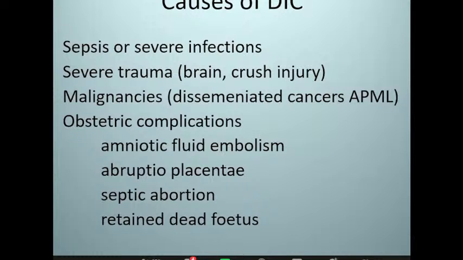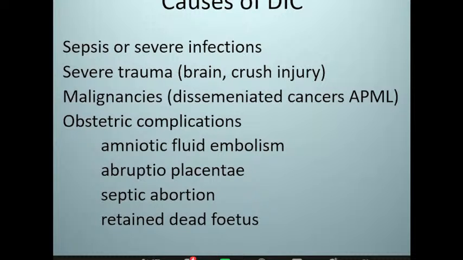The other major area where we see disseminated intravascular coagulation is in obstetrics, various types of obstetric complications: amniotic fluid embolism, abruptio placenta, septic abortion, and retained fetus, and also eclampsia.